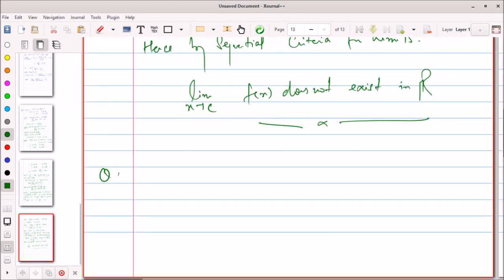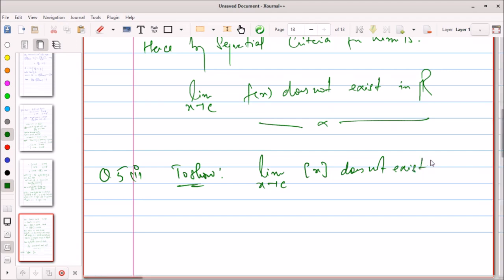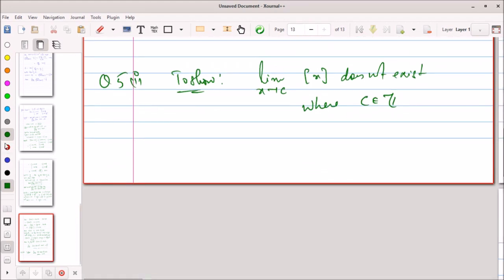Question number 5, first part: to show the limit as x tends to c of the greatest integer of x does not exist where c belongs to the set of integers. So let us write its proof.